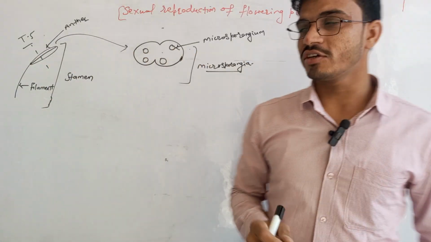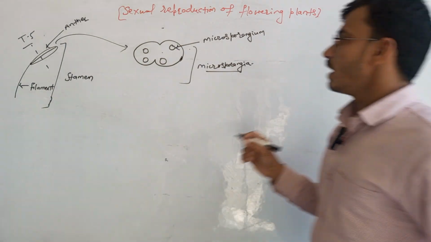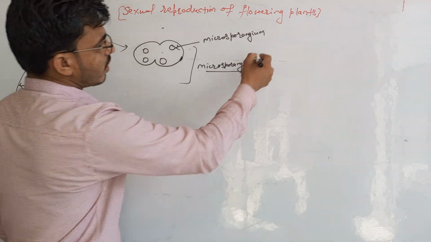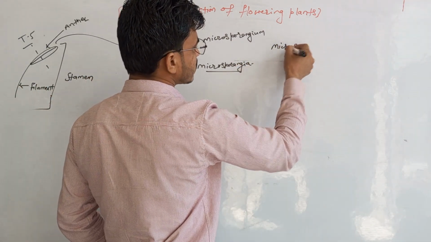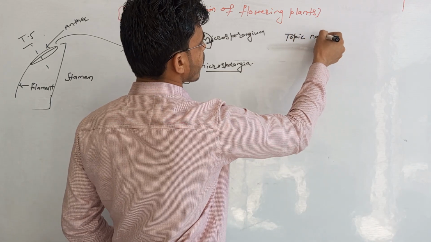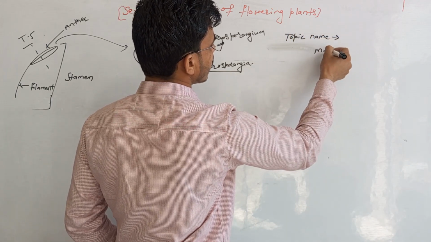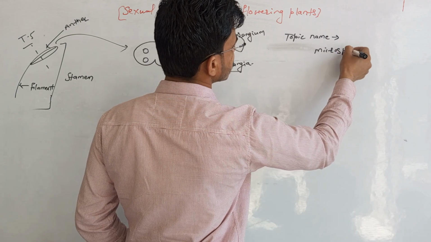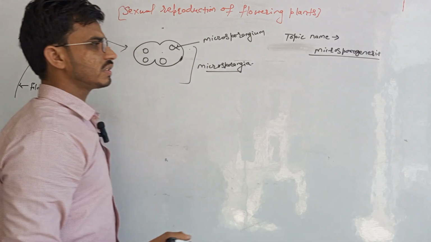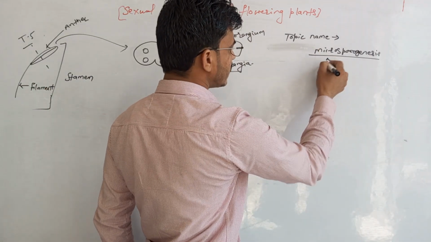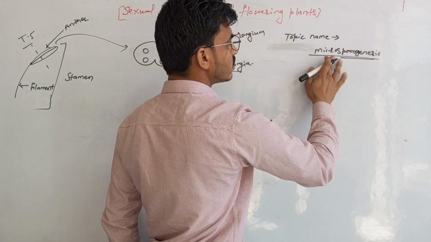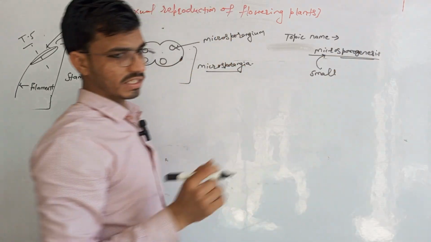I am repeating my topic again. What we are going to discuss is microsporogenesis. As the name suggests, micro means very small, and sporo means a small spore-like structure.